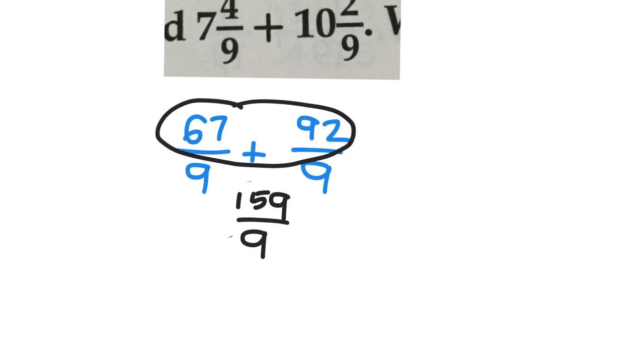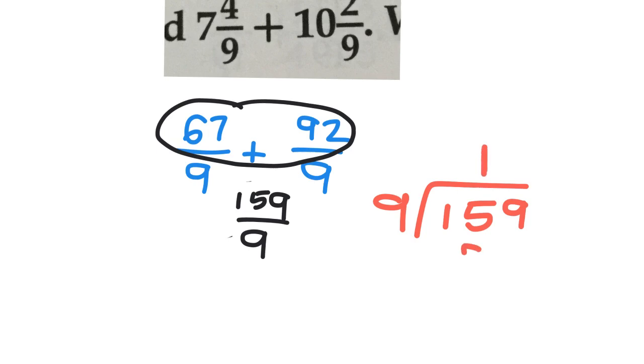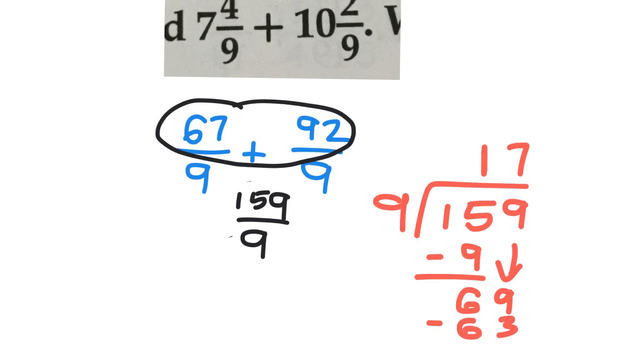Now if I needed to make this into a mixed number, I would divide. 159 divided by 9. 9 goes into 1, it can't. 9 goes into 15. 1 times 9 is 9. We subtract. That leaves us with 6. Bring down a 9. 9 goes into 69 7 times. 7 times 9 is 63.